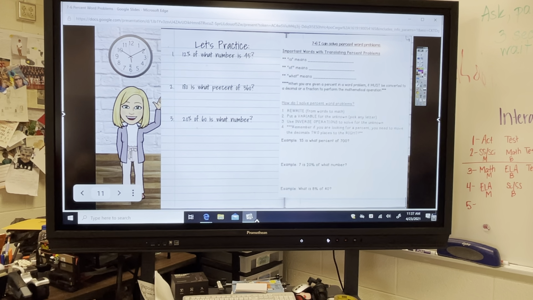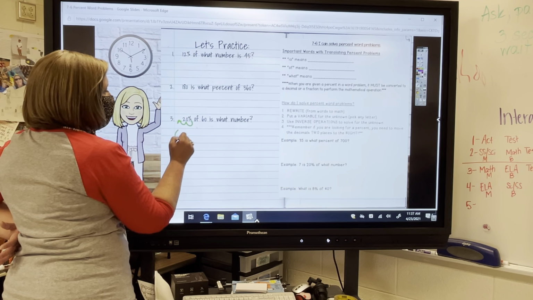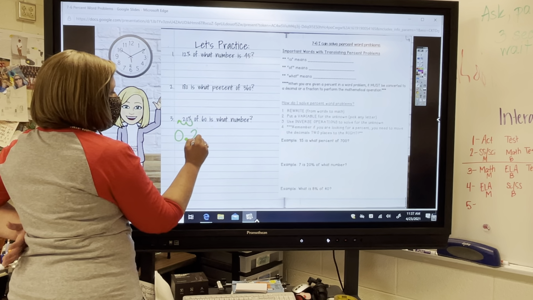All right, what do we have to do to 20%? Can we leave it as a percent? Nope. Turn it into a decimal or a fraction. So which one do you want to do? A decimal. So I'm going to move my percent 2 places to the left and I have 0.2.